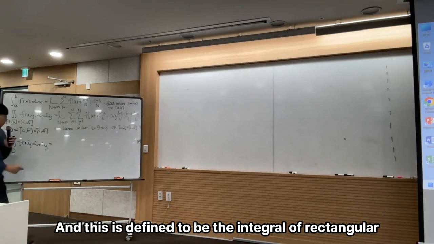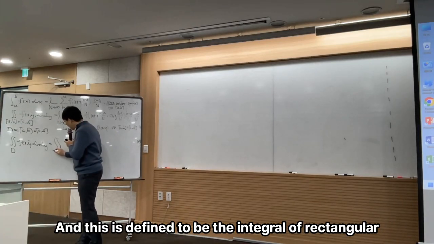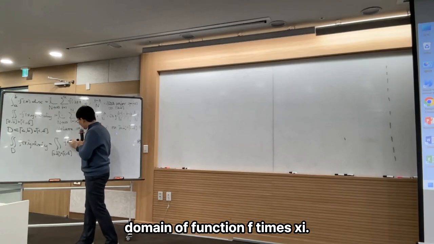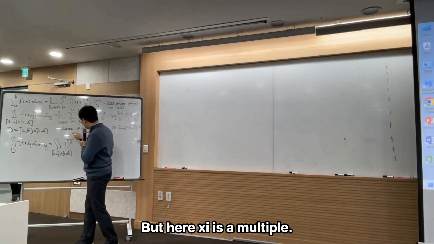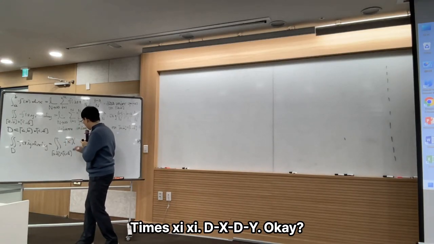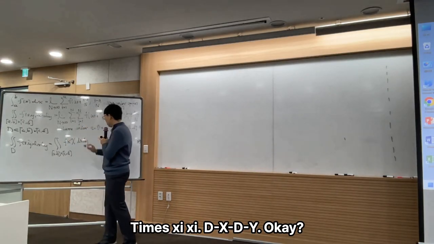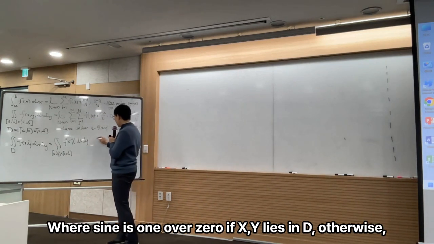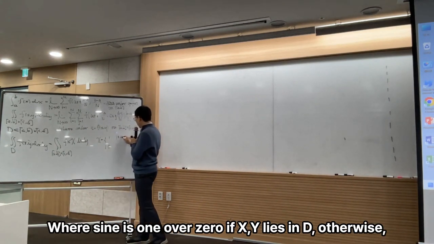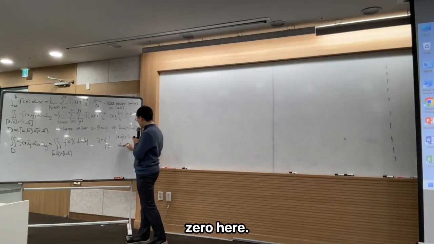This is defined to be the integral over the rectangular domain of the function f times psi, dx dy, where psi is 1 if (x, y) lies in D, and otherwise 0.